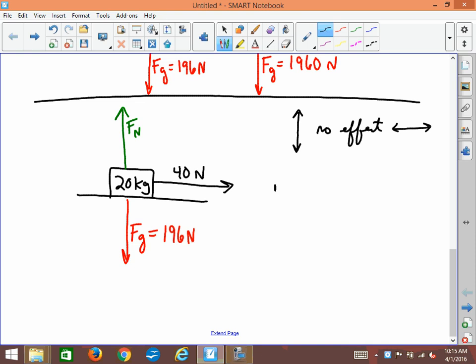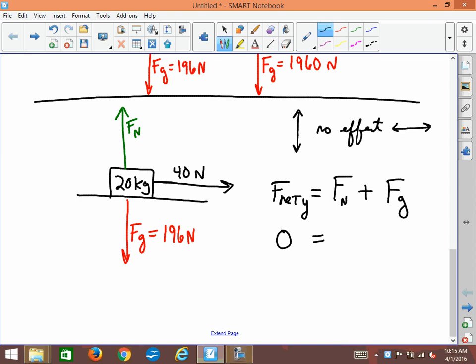So when I do my F net Y, as I did before, that 40 newtons isn't going to be invited to this party. It is not part of the Y picture. It's part of the F net X, but that's not where the normal force happens to be here. So when I do this, this will again be zero, because even though the block might slide sideways, it will certainly not move upwards or downwards.